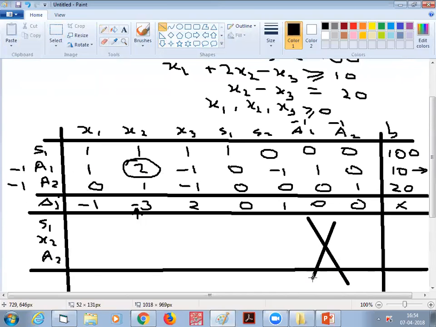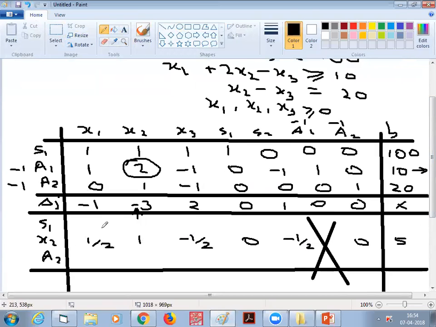Don't need A1 anymore. Forget about that column. Now divide this by 2. So we get 1 by 2, 1, minus 1 by 2, 0, minus 1 by 2, and 0, and 10 by 2 is 5.